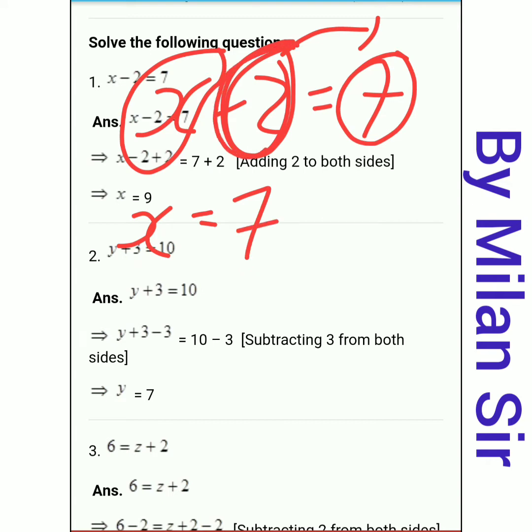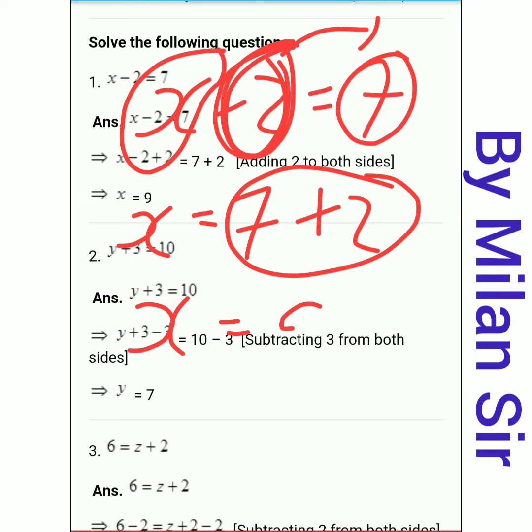If we transfer this minus 2 to the right hand side, it becomes plus 2. I will explain these things in the US rule. Minus becomes plus. After that 7 plus 2 is 9. So x is equals to 9. This is the solution of the first question, the value of the variable.